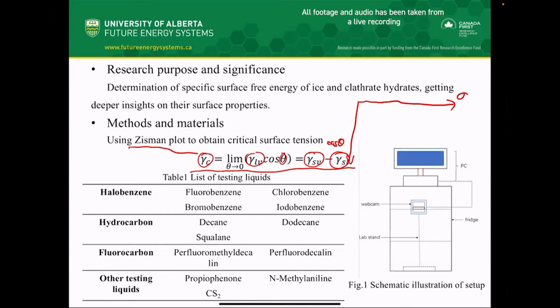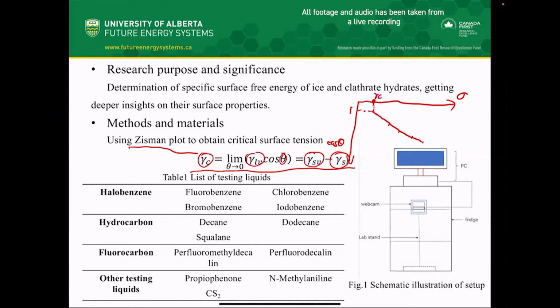We measured the surface tension of the testing liquid and also the contact angle, and then we convert the angle to cosine theta. So we can get many data points like this, and then we did a linear fitting. The x-axis intercept, when cosine theta is equal to 1, is regarded as gamma C.